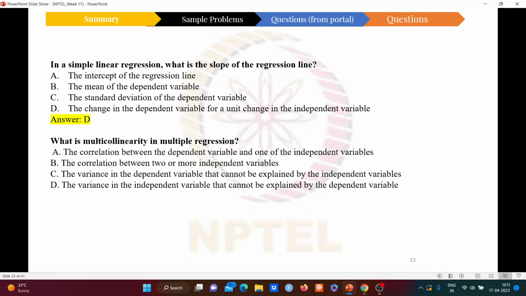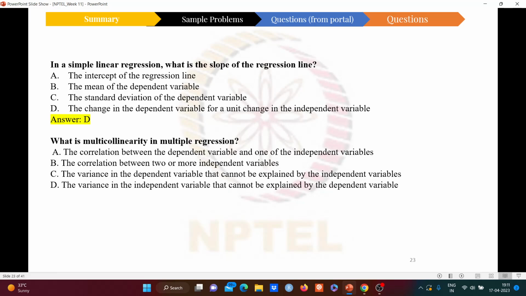Okay, here the slope of a line tells the change of a dependent variable for a unit change of the independent variable. So how is slope calculated if y is the dependent variable and x is the independent variable? y2 minus y1 divided by x2 minus x1 is the formula.